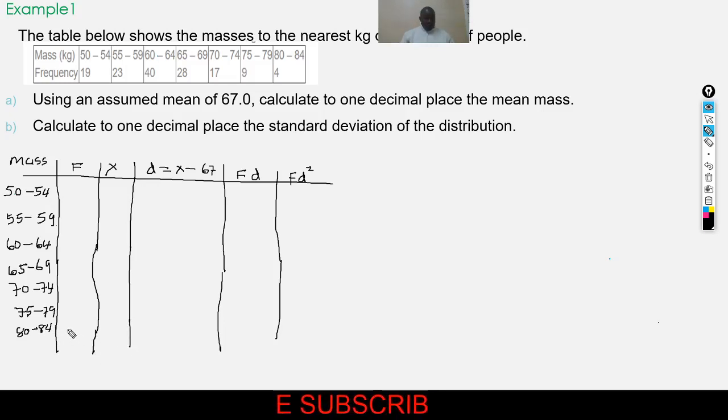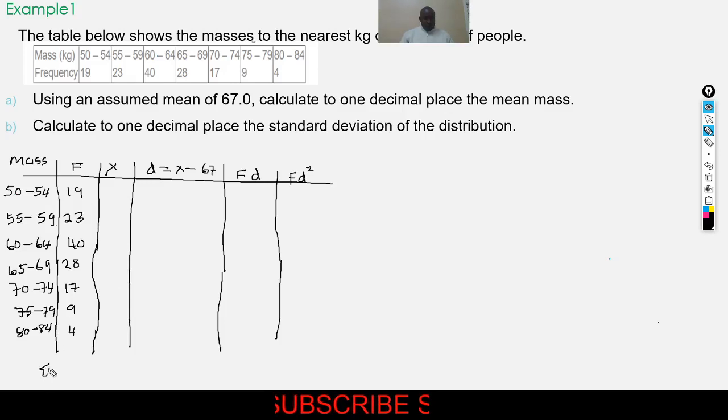We have their frequencies. This one has a frequency of 4. If I go in reverse: 4, 9, 17, 28, 40, 23, and then 19.